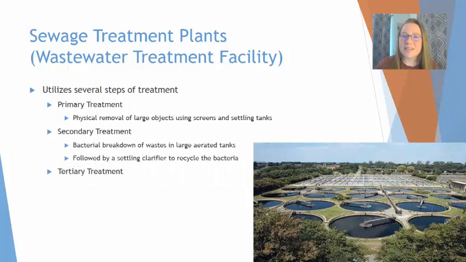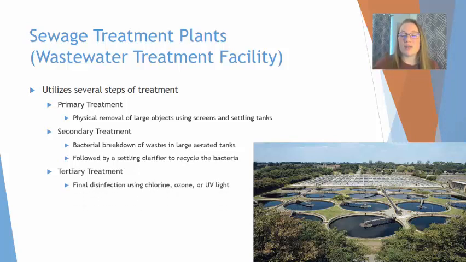Then, during secondary treatment, this is when we're using that bacteria to break down the waste. But in a wastewater treatment plant, we're using aerobic bacteria instead of anaerobic bacteria that is used in a septic tank. After that bacteria has time to break down all of the waste, that liquid goes to a clarifier where that bacteria settles out to the bottom and then is pumped back in to be reused in that aeration tank.